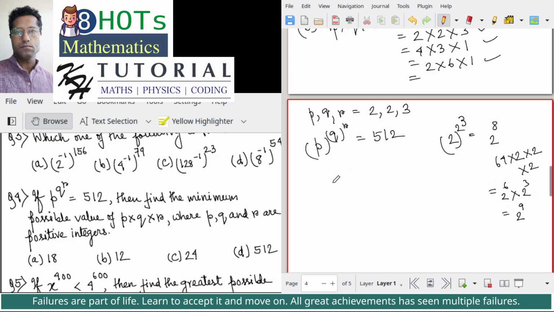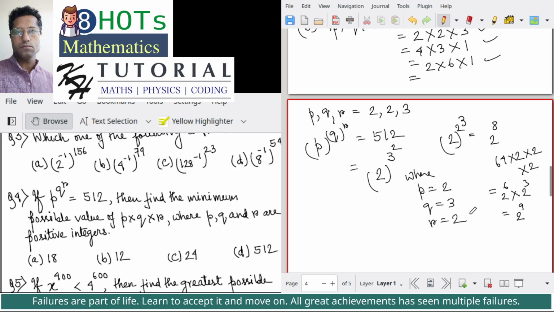So definitely we can create this 2 to the power 9 in the form of P to the power Q to the power R as 2, and then this whole raised to the power 3 squared, where P is equal to 2, Q is equal to 3, and R is equal to 2.